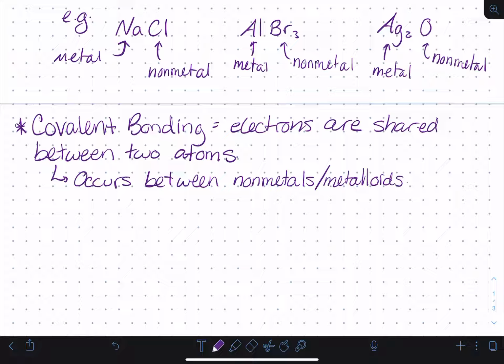Some examples of compounds that are covalently bonded include water, H2O, methane, CH4, carbon dioxide, and nitrogen dioxide. Anything that contains just nonmetals, or again, metalloids can be included as well. They're just less common because there aren't very many of them.